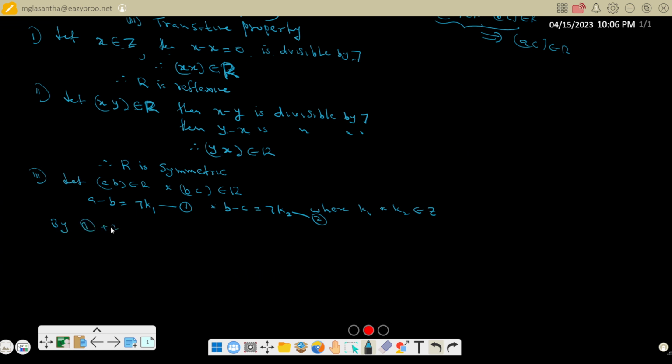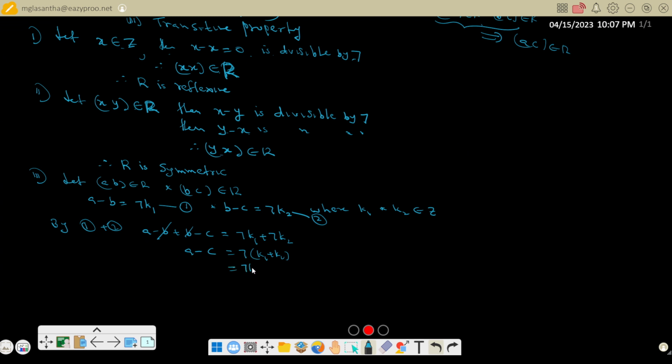If you take 1 plus 2, on the left side you have a minus b plus b minus c. On the right hand side you have 7k1 plus 7k2, so that is 7 times (k1 plus k2). Here minus b plus b get cancelled, so a minus c equals 7 times k.